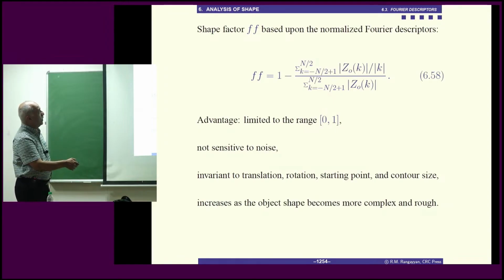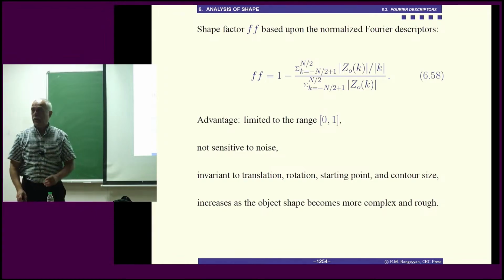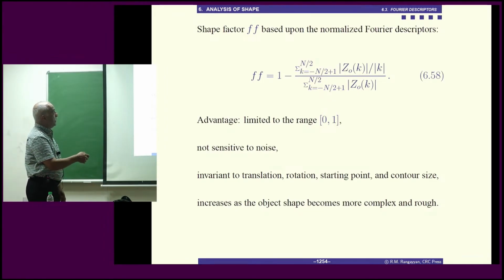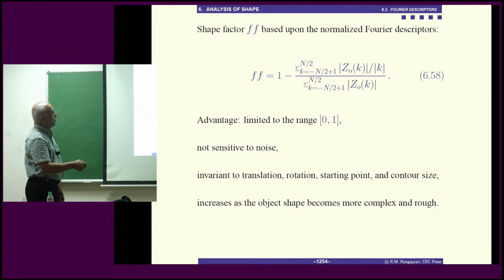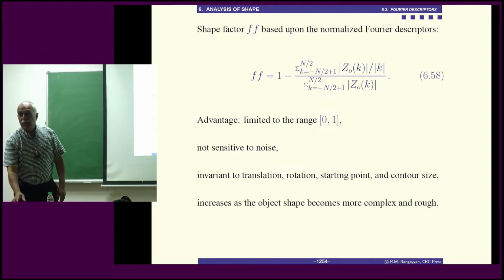Z0 K over modulus of K, summed over all coefficients, normalized by the sum of all the normalized Fourier coefficient values, and 1 minus that. We call this the Fourier descriptor-based shape factor, and this is limited to 0 to 1. So we wanted to have a normalized value.